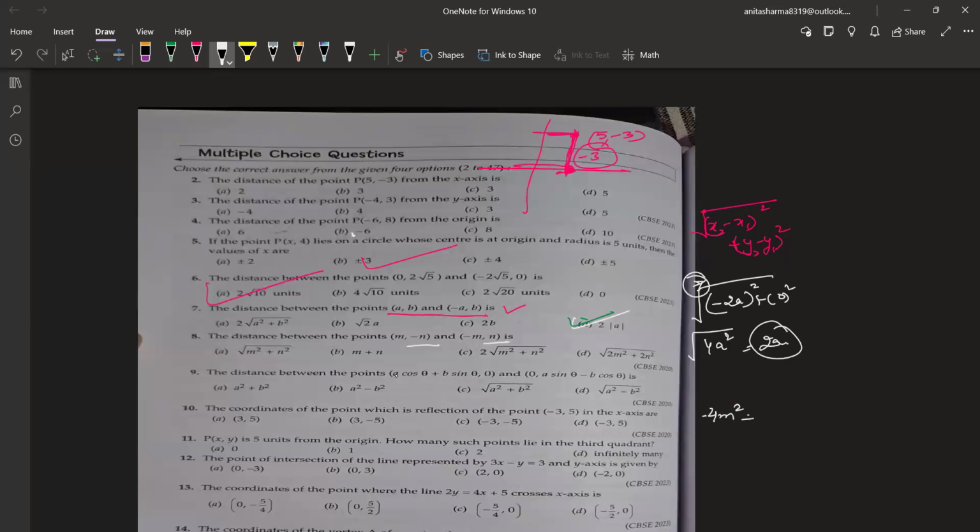And then n plus n, 4n square. So take 4 common. Then m square plus n square. So 2 under root m square plus n square. Okay. So C option will be the correct answer. Have you got the same answer, children? Yes, ma'am. Okay. Now start doing the next question.